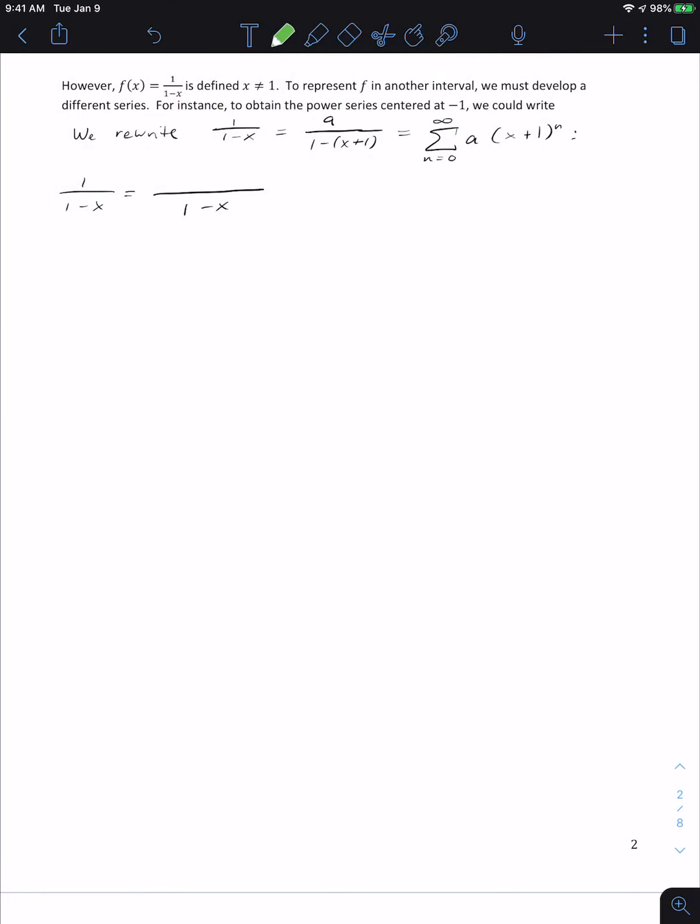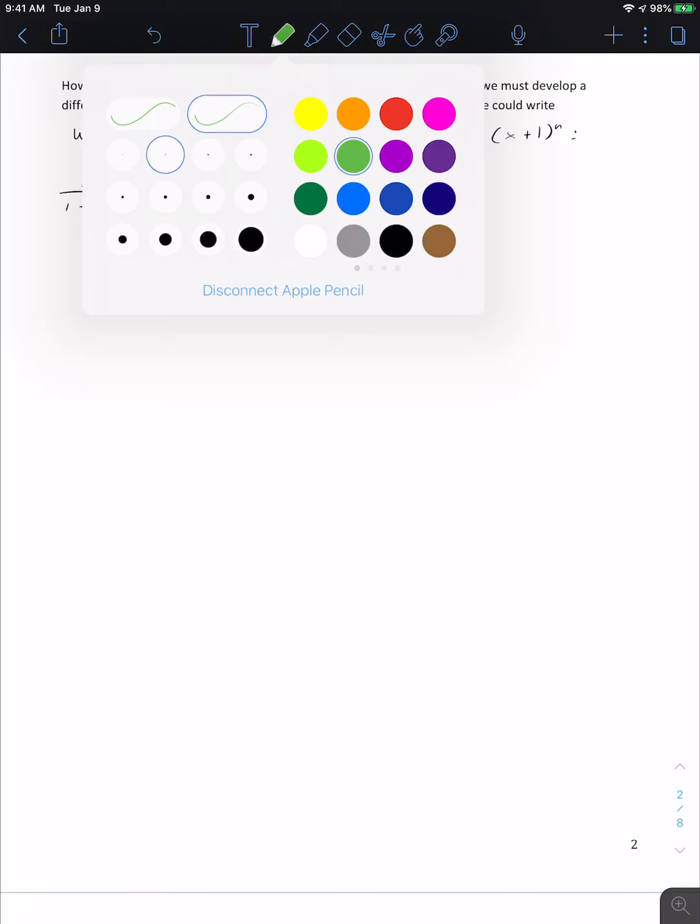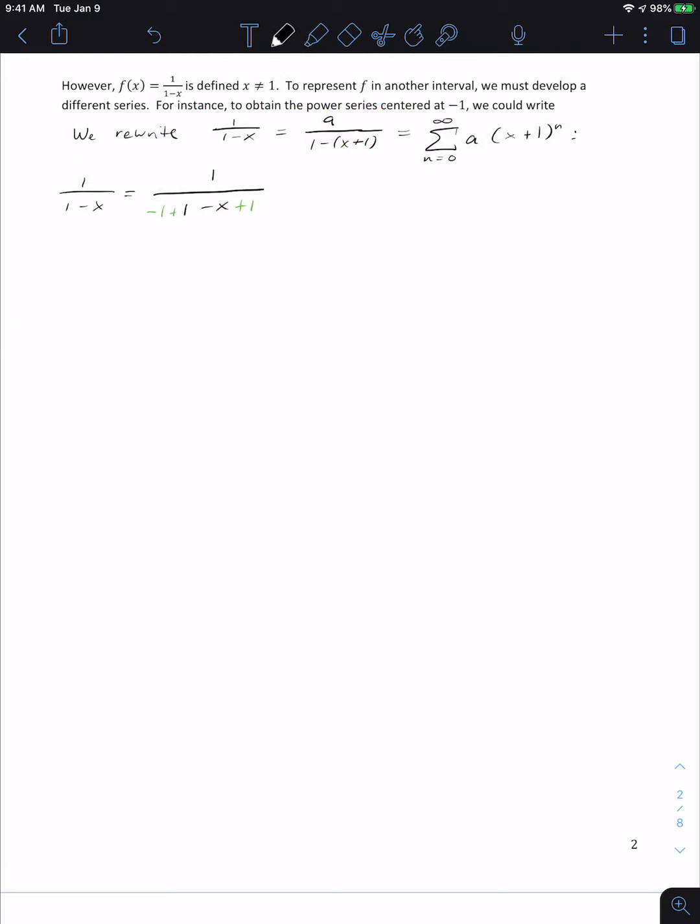Say, for instance, I tried to add plus 1 here, then to balance it out I have to do minus 1 there, and I'll just leave the 1 in the numerator alone. If I did this, notice what happens: I want 1 minus the quantity x plus 1, but if I factored out a negative, I'd be left with minus the quantity x minus 1, which is not what I want. I want minus x plus 1.